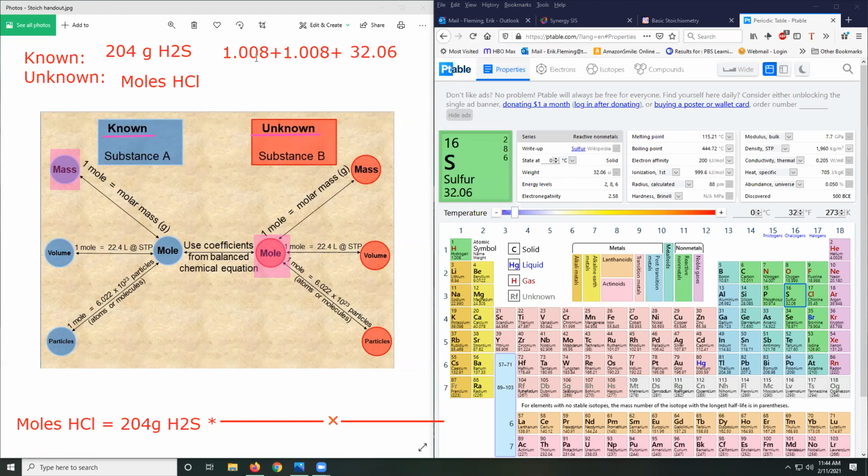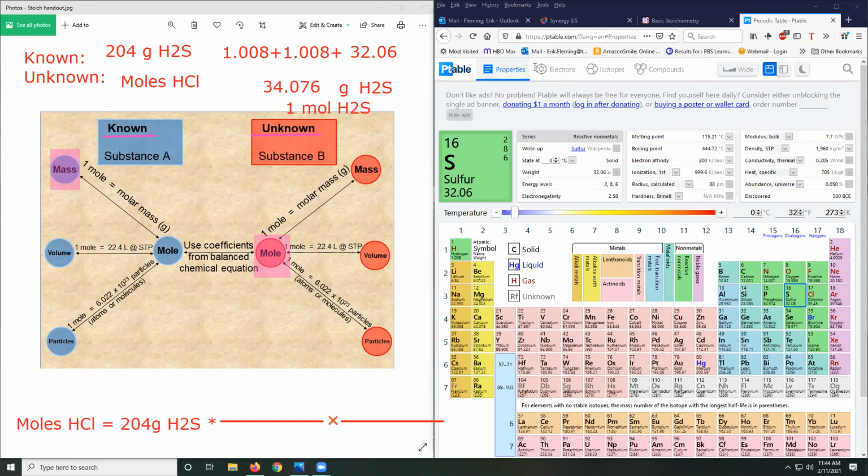Can somebody do that for me? 34.076. Cool. So that is grams per mole: grams H2S per 1 mole H2S.